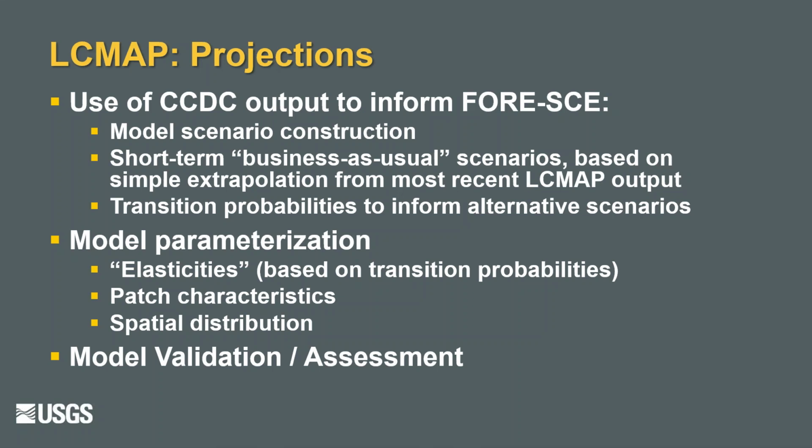So this involves model scenario constructions where we bring climate projections into the story, into the modeling, and estimate the probability of land patches. This is done on a patch basis to change in the future based on future climate, or to change in the past based on past climate. And we get a spatial distribution for this.